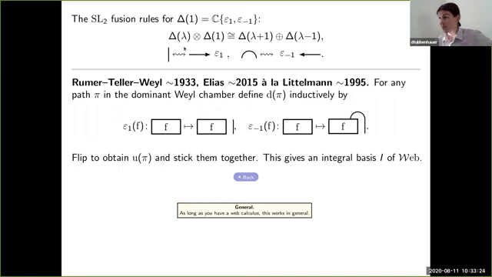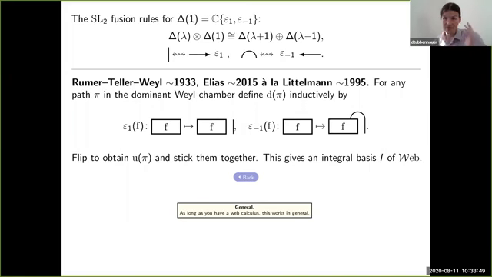So my completely generic SL2 fusion rules, all of you have seen this before, like multiplication by the standard representation. And this corresponds to 2 directions in my SL2 weight lattice, right? SL2 weight lattice is a bit boring, it's just a line, but I have 2 directions. And I have 2 natural maps I associate to each direction.